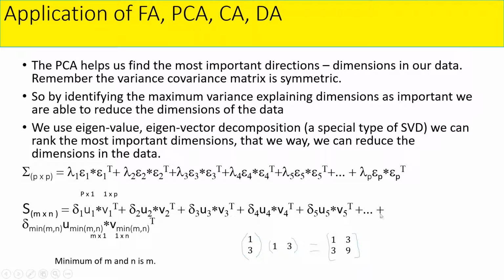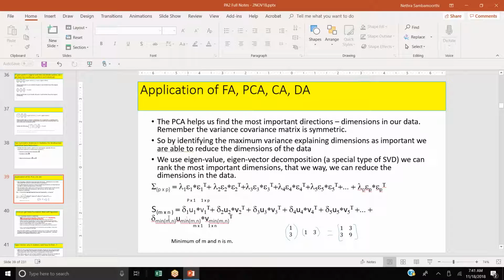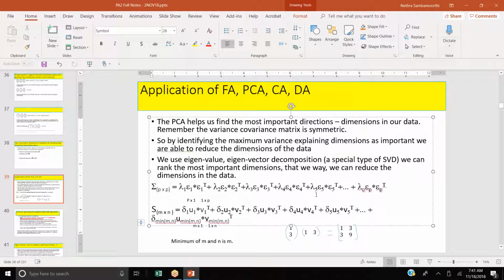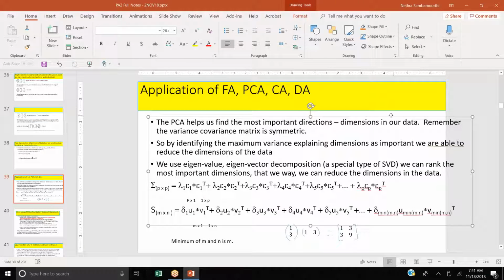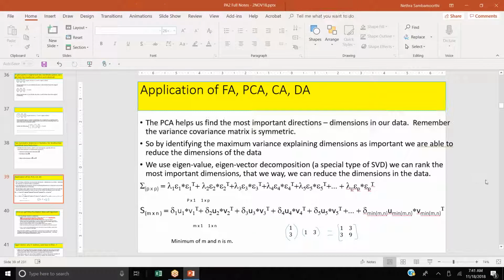It keeps on going, but the end is the minimum of M and N, because it cannot go beyond the minimum of M or N. It should have been plus here. Let me see whether I can move it there. Hopefully by putting it like this, it's in a good place. Are you with me?